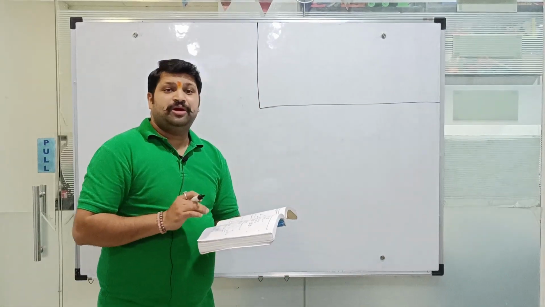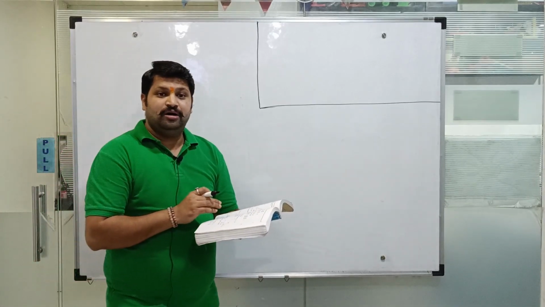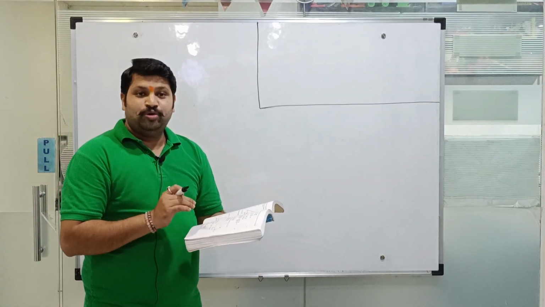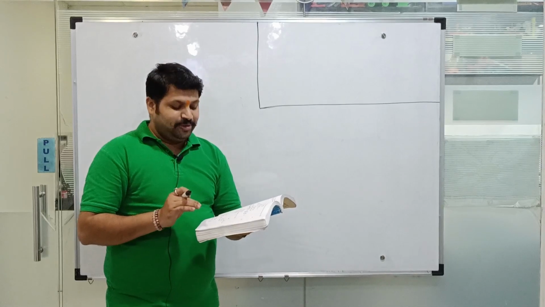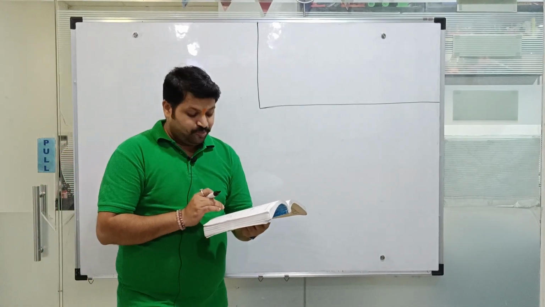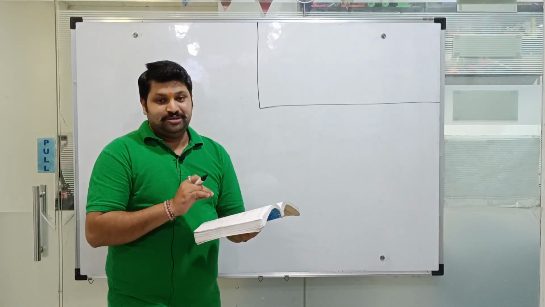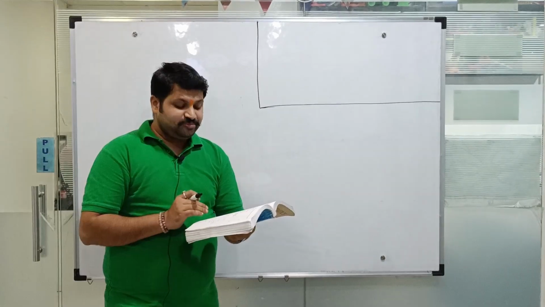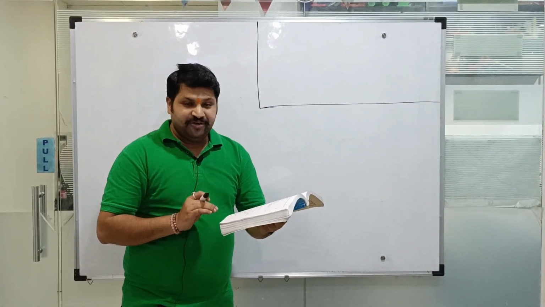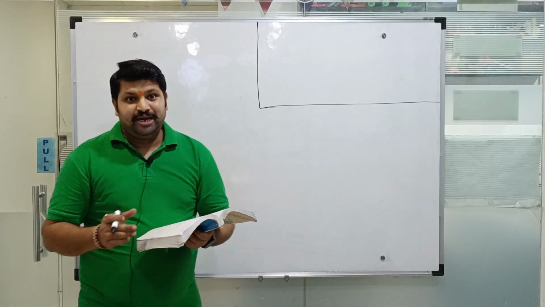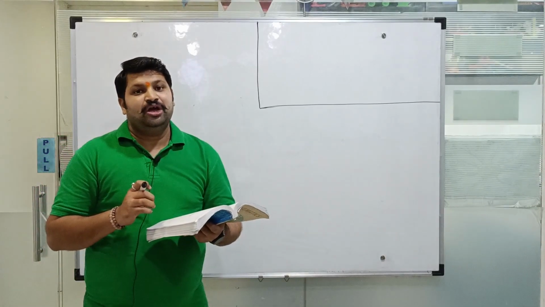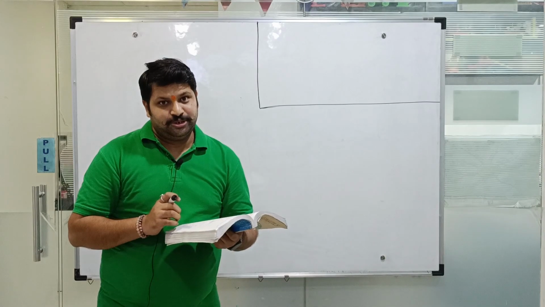So in this example, there are two triangles, triangle ACB and triangle PRQ, and sin B is equal to sin Q. This is the data that is given to us. So let us see how we will be going ahead with this.